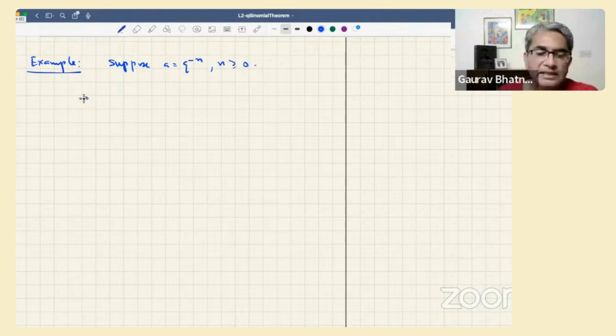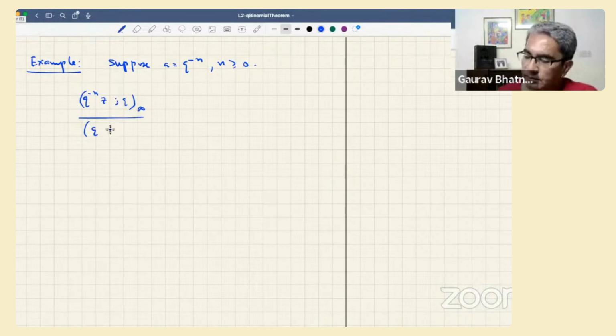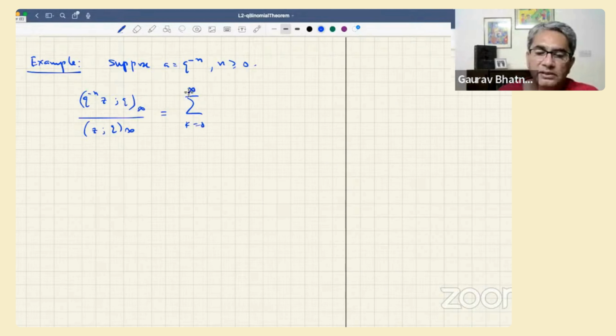So we notice that (q^(-n) z; q)∞ over (z; q)∞ is what the theorem boils down to: the sum of (q^(-n); q)_k over (q; q)_k z raised to k.